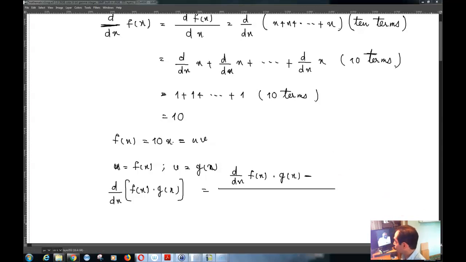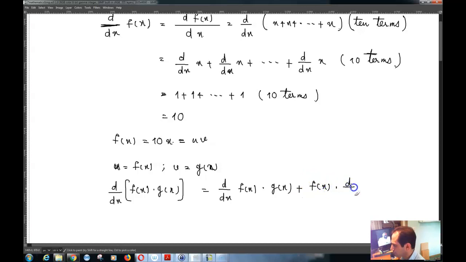What was the product rule? Oh, sorry, not that. That was the quotient rule. I'm sorry. So the product rule was basically d by dx of f of x times g of x is d by dx of f of x times g of x plus f of x times d by dx of g of x.